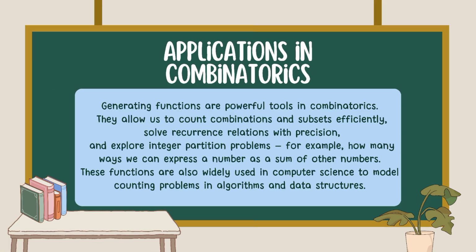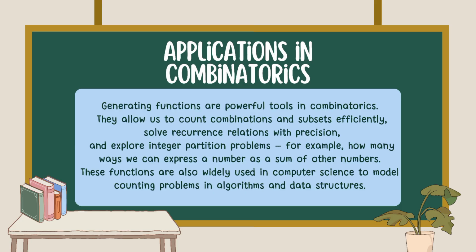Applications in combinatorics. Generating functions are powerful tools in combinatorics. They allow us to count combinations and subsets efficiently, solve recurrence relations with precision, and explore integer partition problems, for example, how many ways we can express a number as a sum of other numbers.